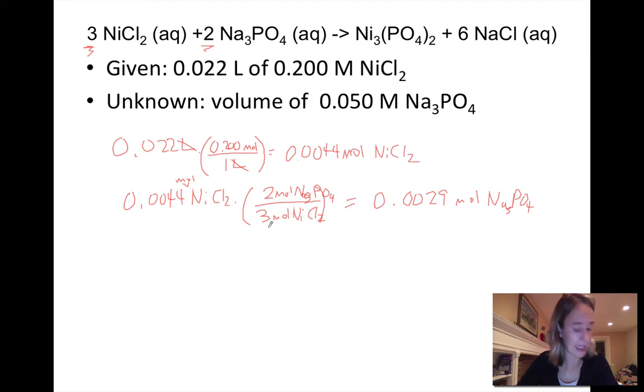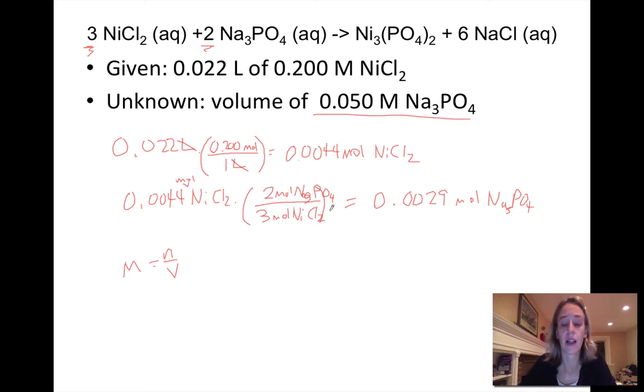And then lastly, let's use the formula this time. Molarity equals moles over volume. And the problem said that the solution that we have is 0.050 molar.